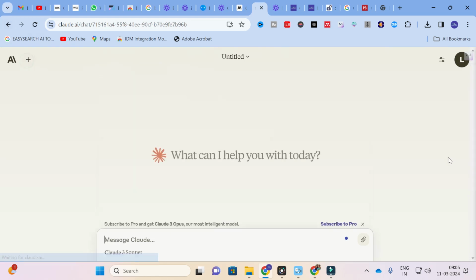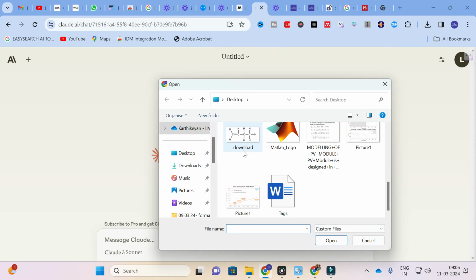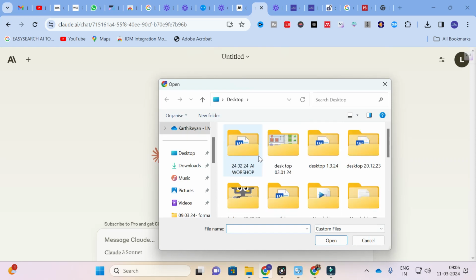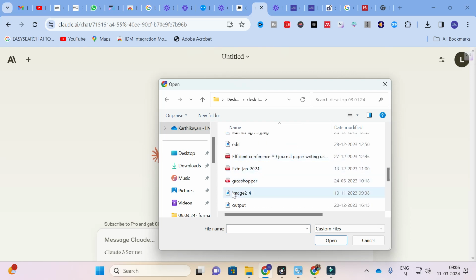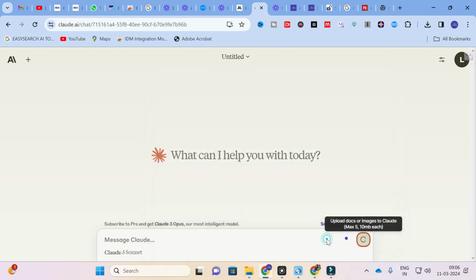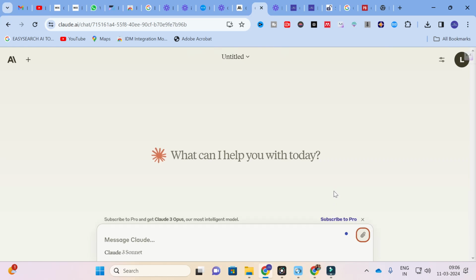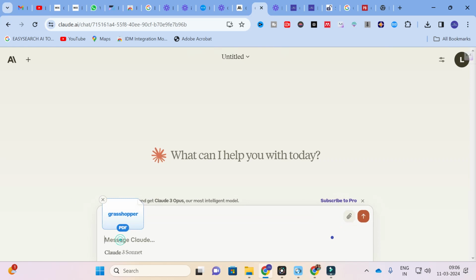Another important option available in this Claude is that you can upload documents also. For example, you can upload any documents related to your paper also. For example, I am uploading this document. It's a research paper, so it will take several seconds. The PDF is uploaded.